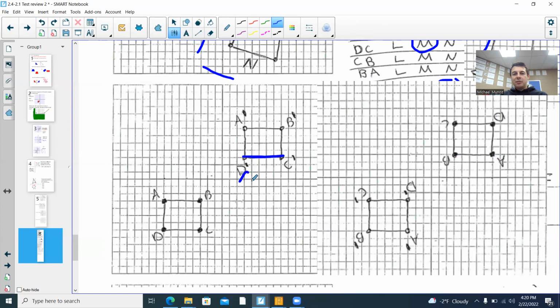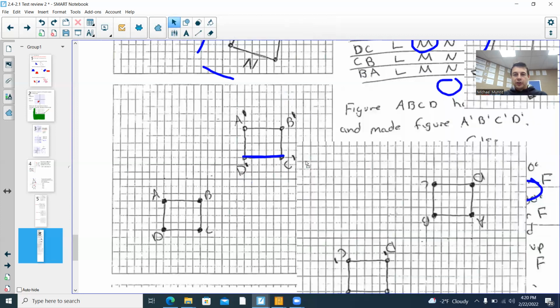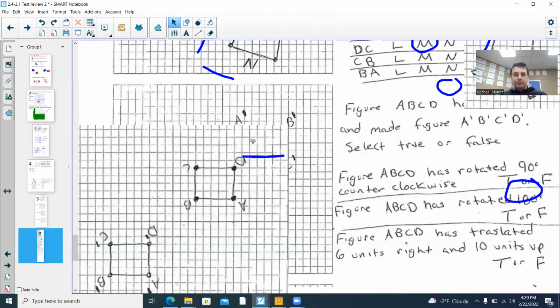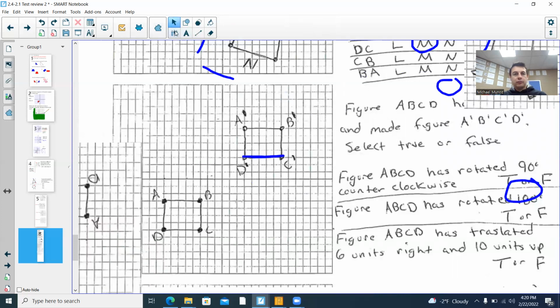This should be my A and B. And then that means that D and C should be up here. So the reason that one's false is because the letters don't line up. So the second one is also false. And then that should mean the third one's true, but we'll check it.